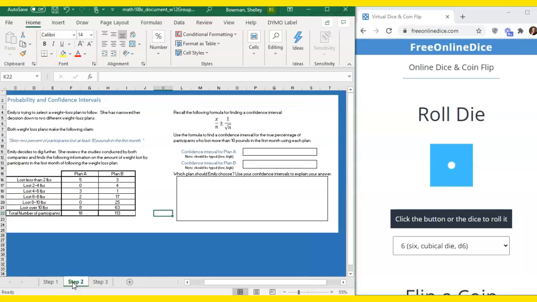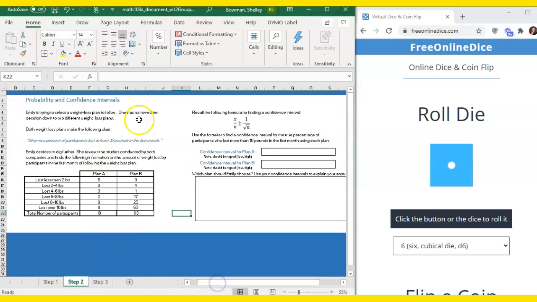Then step 2. As you'll notice, like the other tutorials, my numbers are different. This is intentional because I would like you to focus on the concepts and not just putting numbers in. So the first thing is that we have this weight loss program, and we have two plans, A and B, and they've given us the percent of participants that lost at least 10 pounds.